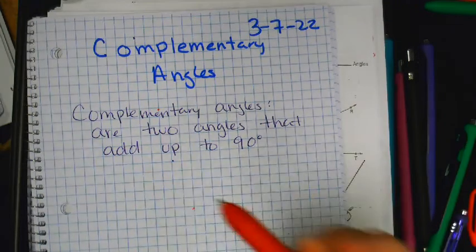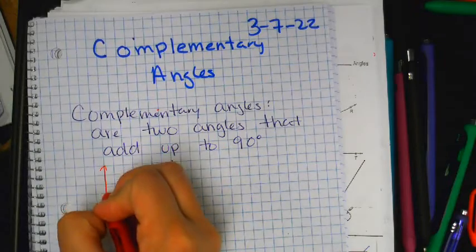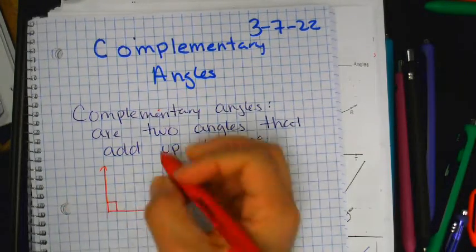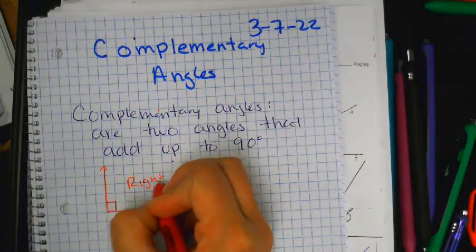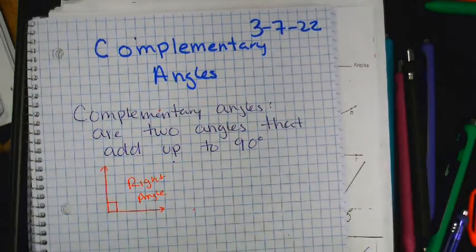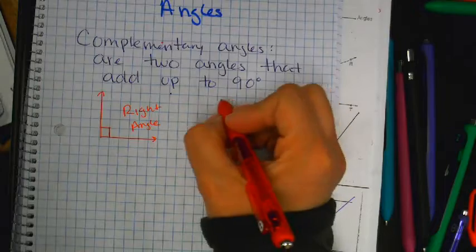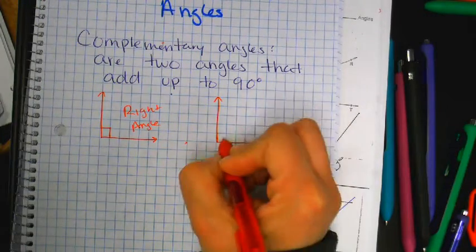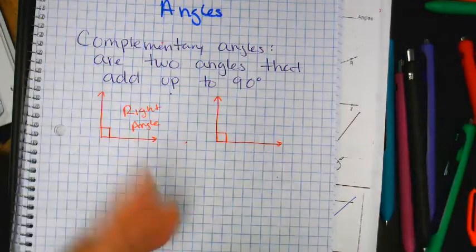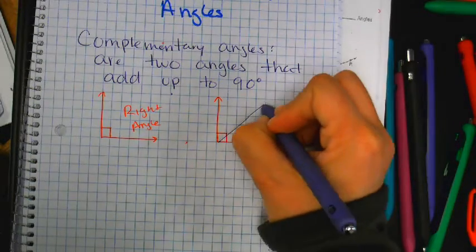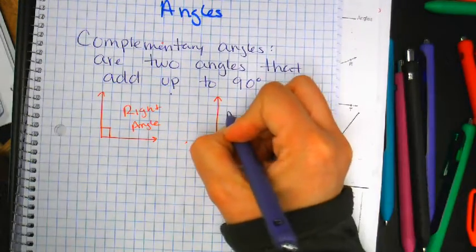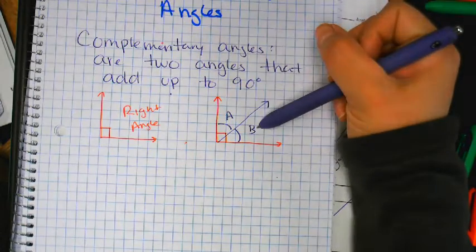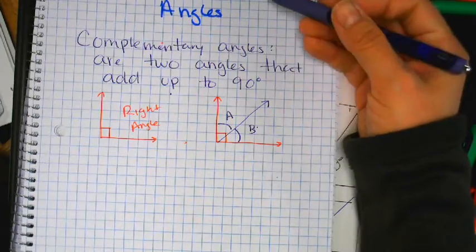If you have one angle, then you have this. This is called a right angle, right? But if you have a right angle that's cut into two angles, angle A and angle B, if you have two angles that make up a 90-degree angle, this is called complementary.